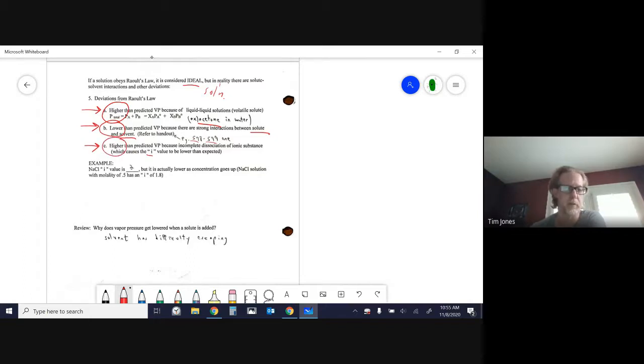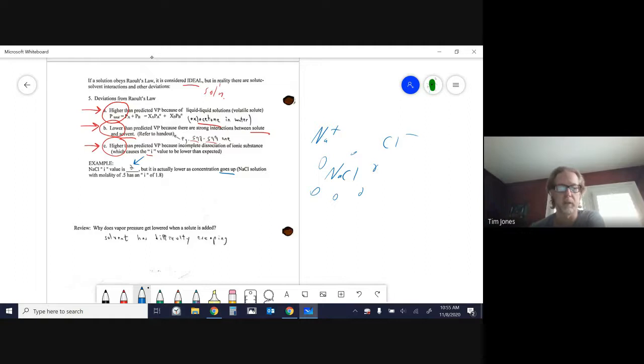And so here's an example. Take sodium chloride. We said it has an I value of 2. And that's the best we can do without knowing anything else. But as the concentration of sodium chloride goes up, what you have happen is you still have sodium ions and chlorine ions, but you also end up with situations where they don't split perfectly, and you might still have a pair of them together surrounded by water molecules.